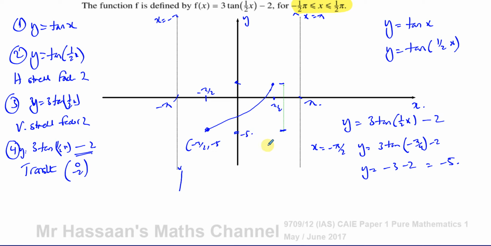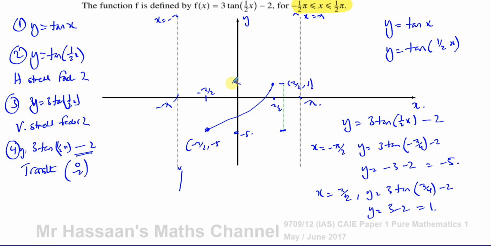And I know when x equals pi over 2, then y equals 3 times the tan of positive pi over 4, minus 2. Now the tan of positive pi over 4 is equal to 1. 3 times 1 is 3, so you've got 3 minus 2, which is equal to 1. So we know that this is the point here, pi over 2 and 1.